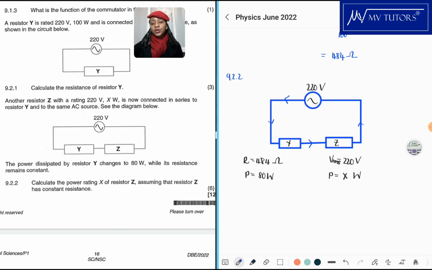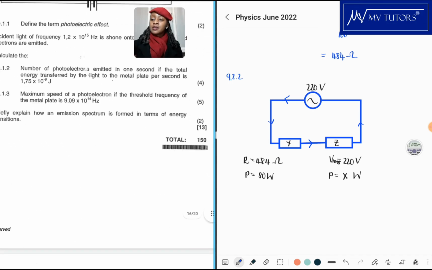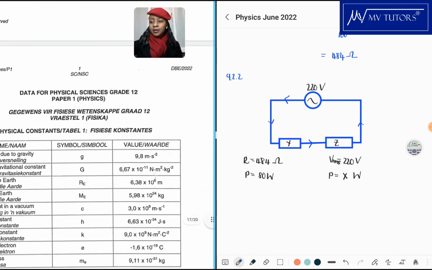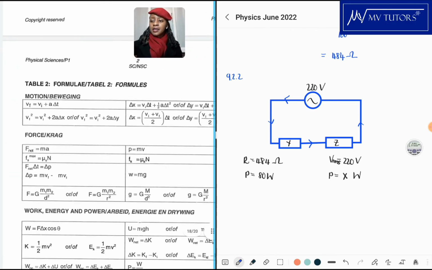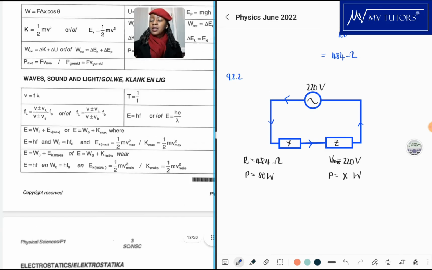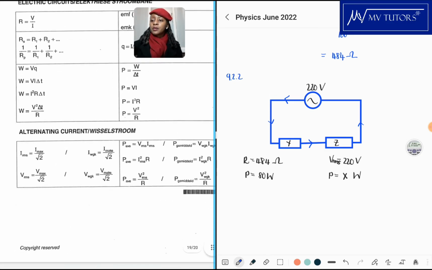If we get the current, we can then calculate the power through resistor Z using the equations given to us. Which equation will we use?